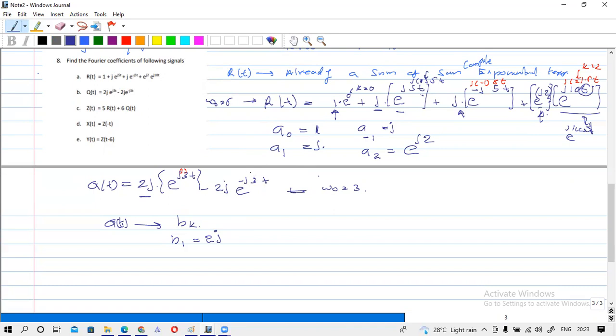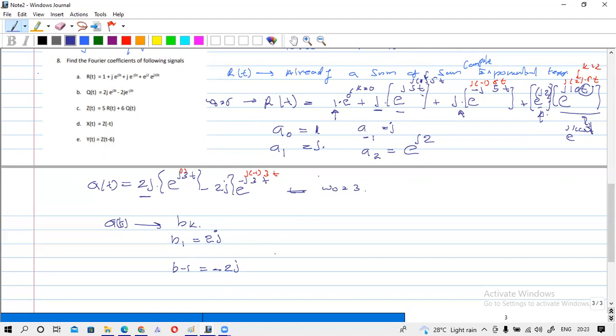So you can write this as e^(j times minus 1 times 3t). So k is equal to minus 1 here, so that is b minus 1, and the coefficient b minus 1 is minus 2j.